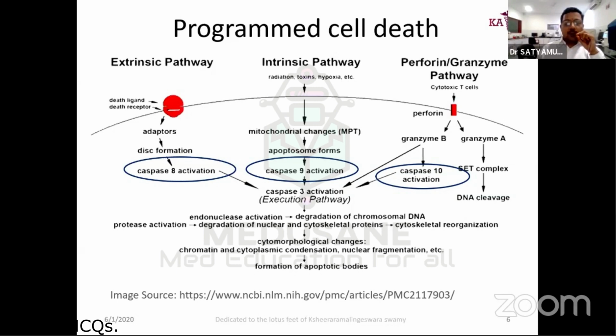This is programmed cell death. It happens to every cell in the body which has passed its lifetime and is not functioning properly, or sometimes abnormal DNA during division can also switch on the apoptosis process.